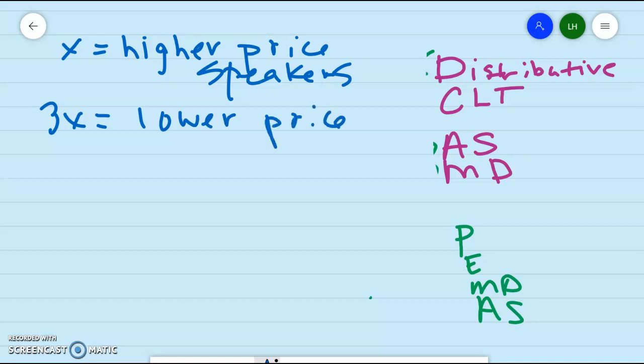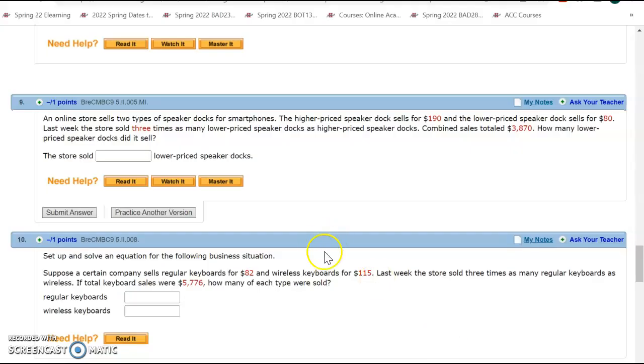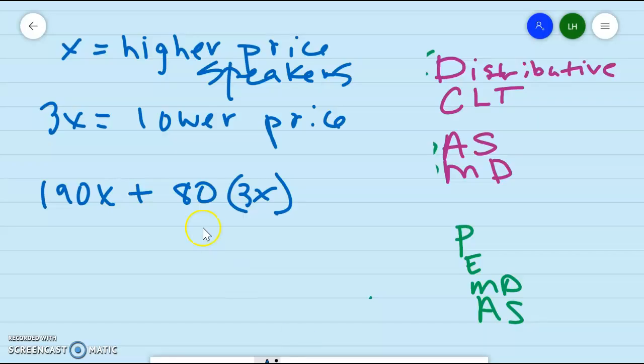And we said that the higher price sold for $190 and the lower price was $80 and we sold 3 times as many. And then it says that the combined total sales was $3,870.